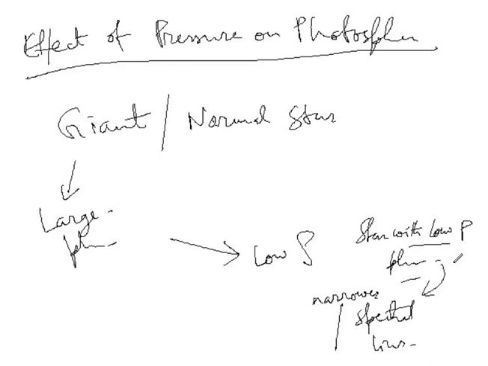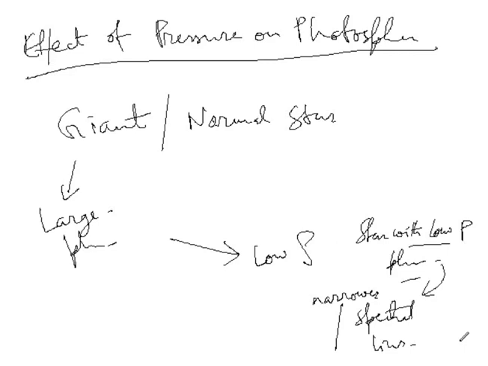The reason is the collisions between particles in the star's photosphere. More collisions lead to broader spectral lines, and collisions are more frequent in a high density environment. So this is one of the reasons.